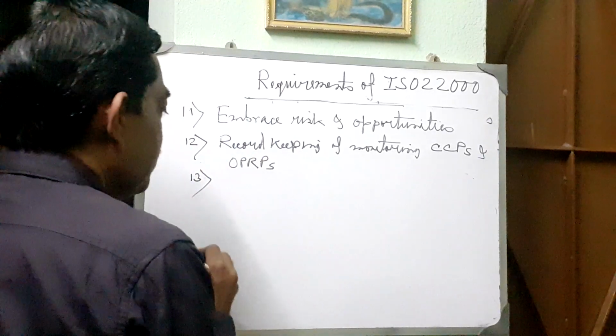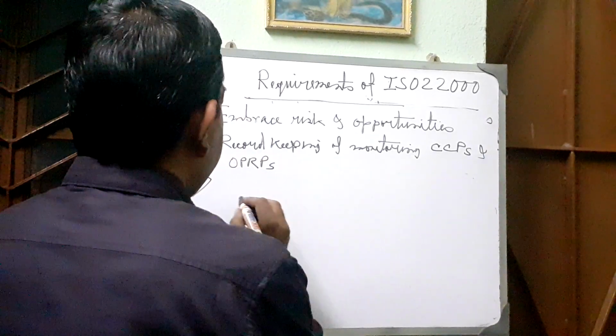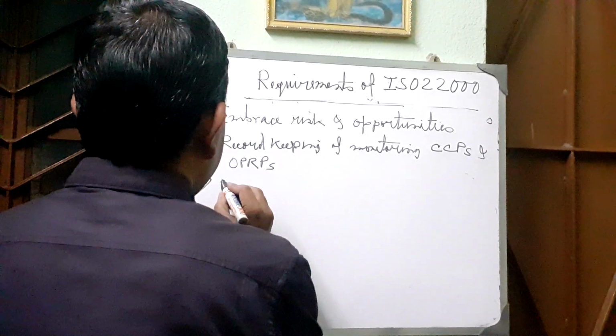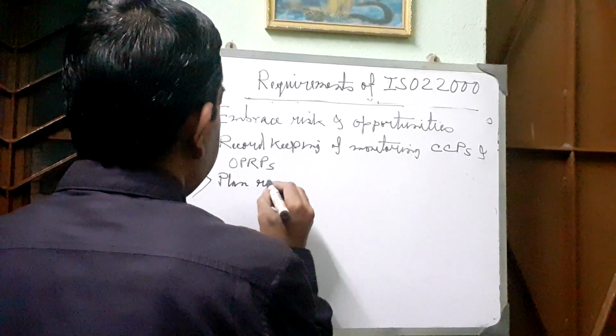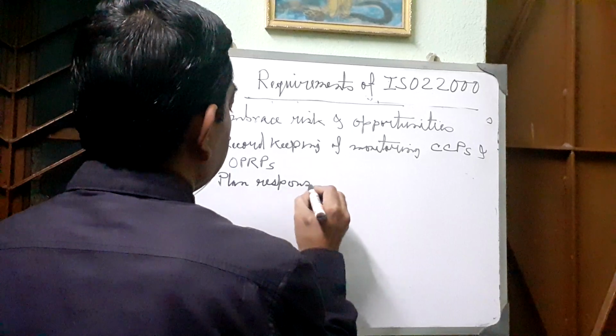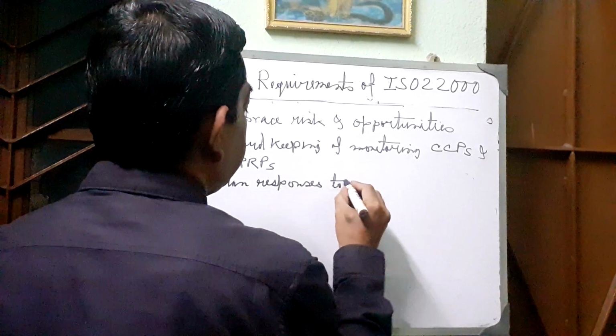The 13th point is you have to plan responses to food safety emergencies.